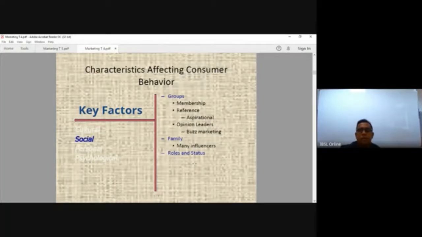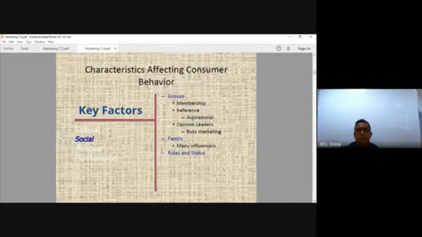And also, after we are grown up, depending on our social relationships and based on our family influences, a person's buying behavior can be changed.